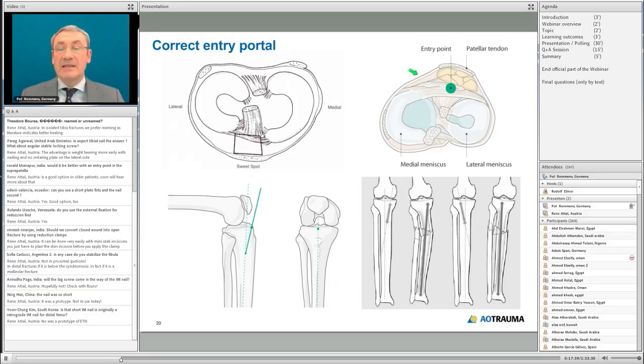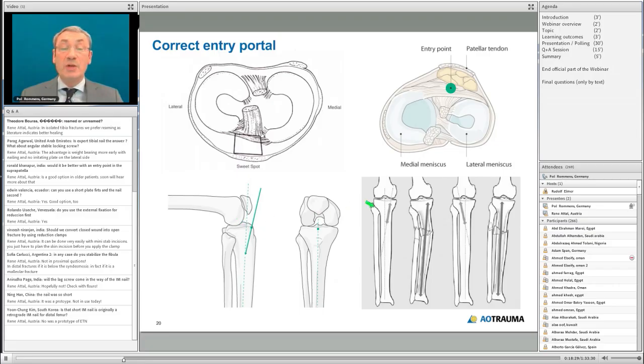Here you see that in the AP view, the entry portal must be situated just in line with the central axis of the endomedullary canal. This is not possible in the lateral view because the central axis goes through the tibia plateau, but therefore we have a curved nail and the entry portal can be somewhat more anterior.